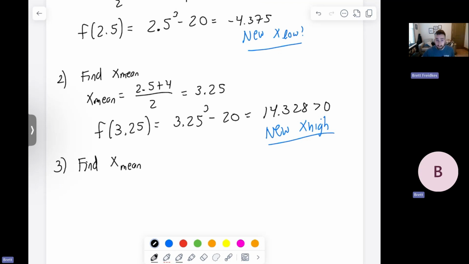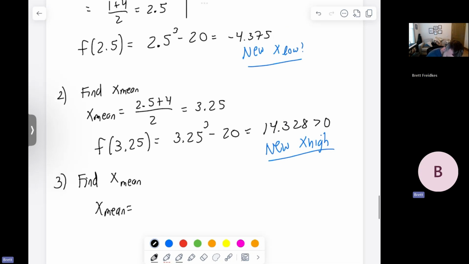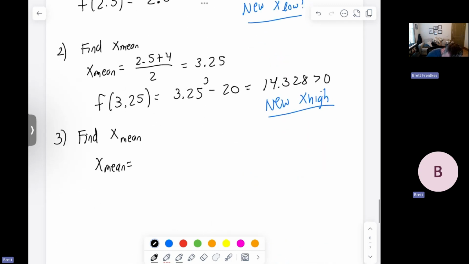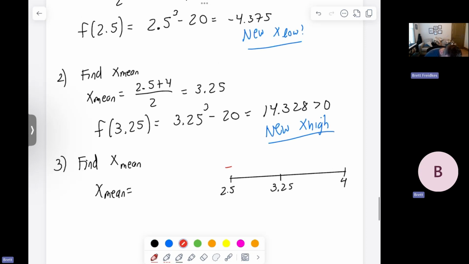For iteration number 3, let's find the new x mean. If we come back here, I can go ahead and draw a little. I like drawing this before, this idea of where our roots were. Originally, they were 2.5, 4, 3.25. We knew that at 2.5, this value was negative, at 4, it was positive, and this new one is positive.